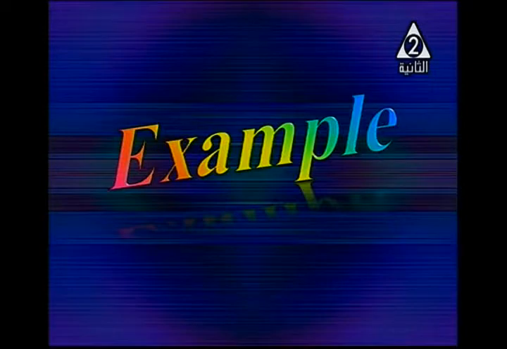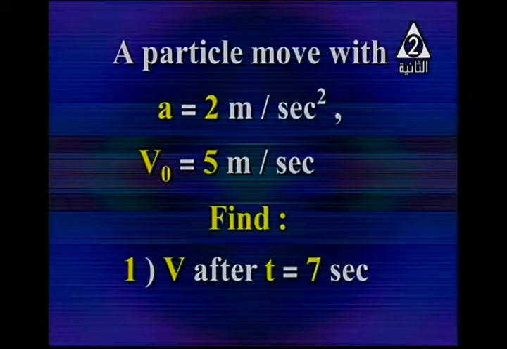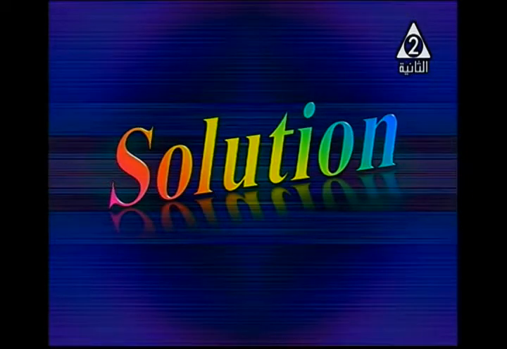Example. When a particle moves with acceleration 2 meter per second square and V naught 5 meter per second, find V after t equals 7 seconds. Look at the solution.